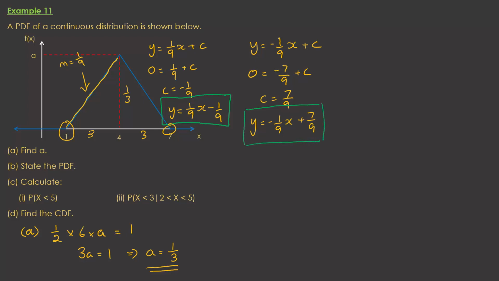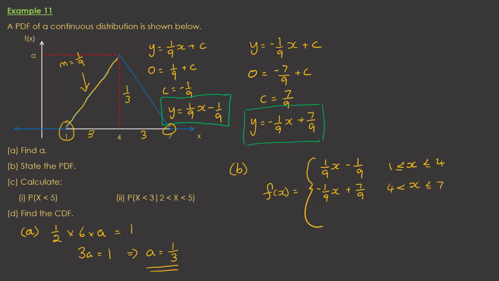So we're now in a position to state the PDF. So for part B, our PDF is going to be 1/9 x take away 1/9, which applies when x is between 1 and 4, negative 1/9 x plus 7/9, which applies when x is between 4 and 7.